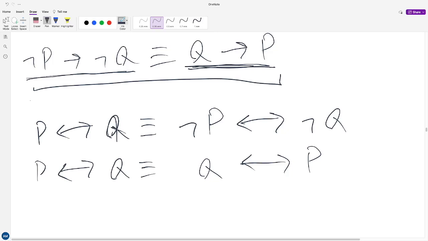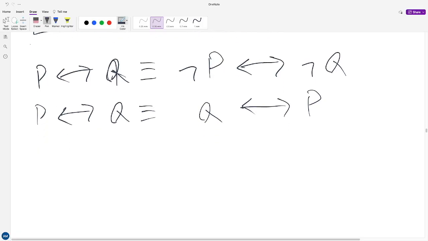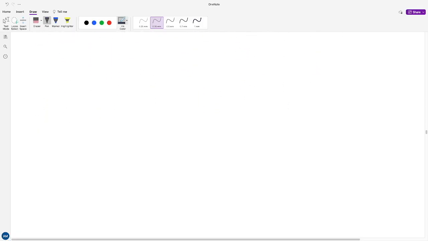So those are some logical equivalences that I think are important to know. I also do want to cover a couple other ones: tautologies and contradictions.